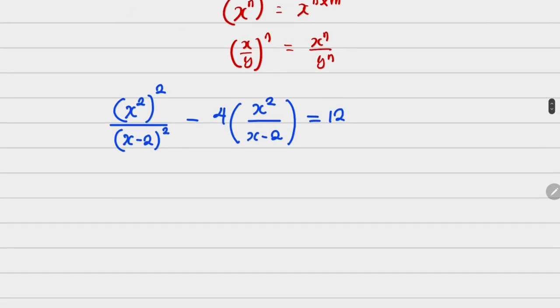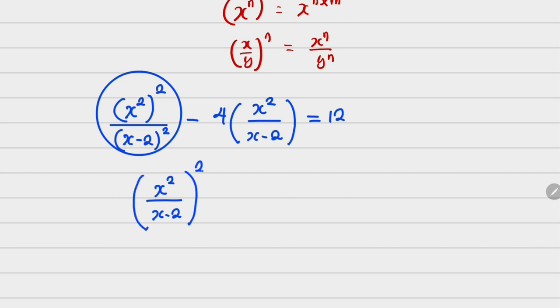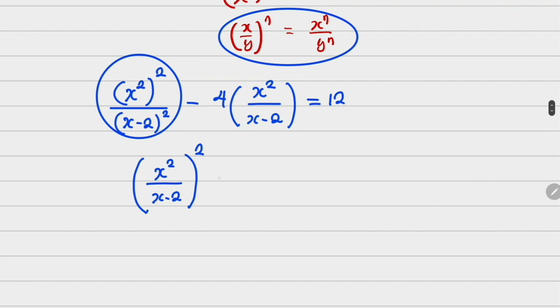Now looking at it very well, you could see that I can have this as x squared over (x minus 2) all squared. Now I got it from this, okay, so take note. Now minus, we have 4 into x squared all over (x minus 2) is equals to 12.